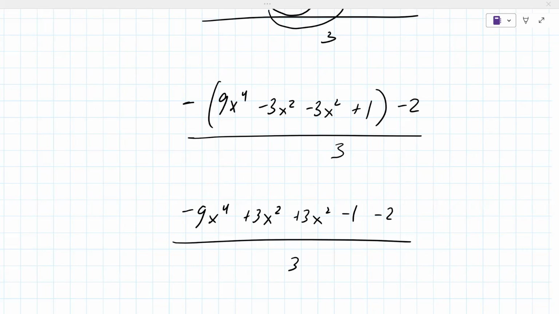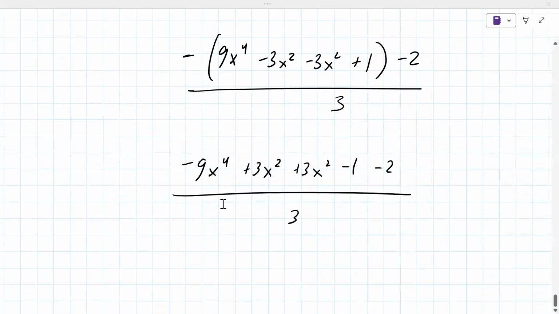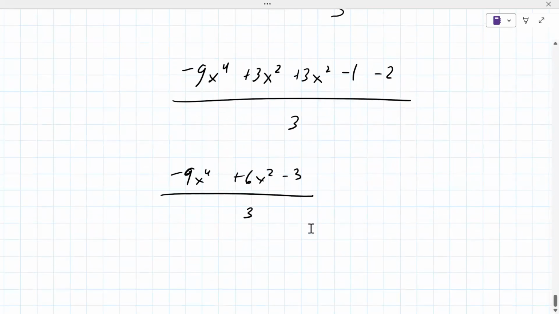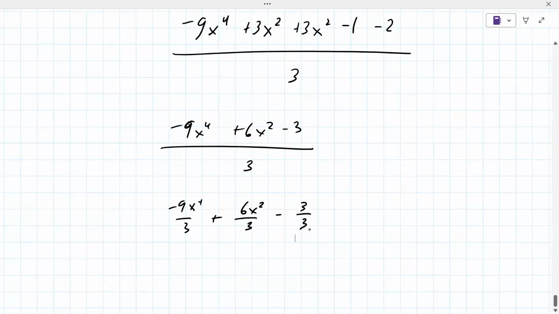Yes. All right. So we need to combine a couple things at first. So it's minus 9x to the fourth plus 6x squared minus 3. And then you can actually divide each of these by 3. Believe it or not, it all worked out. I didn't intend that, but it did work. And then that becomes minus 3x to the fourth plus 2x squared minus 1.